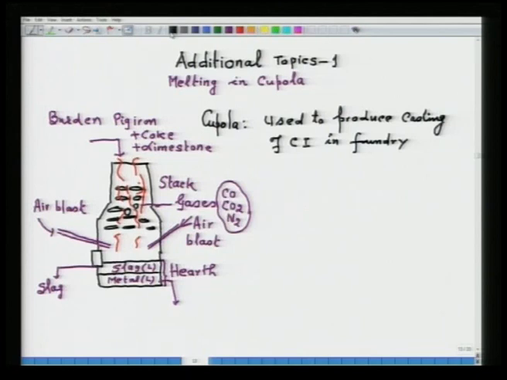Now, just for your information, I will note down a few points. One, the burden consists of pig iron plus scrap, I can also include scrap to some extent, plus coke and plus limestone.